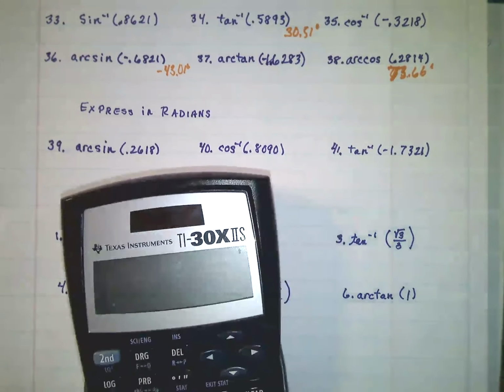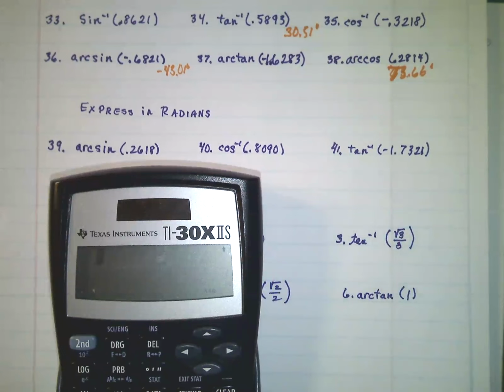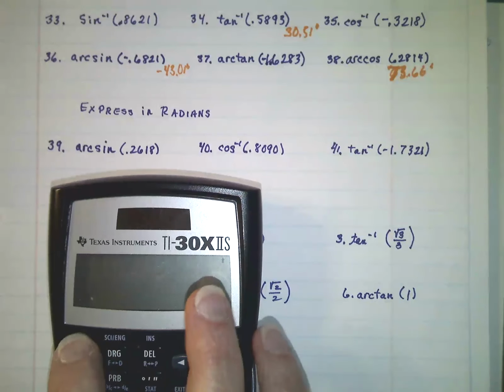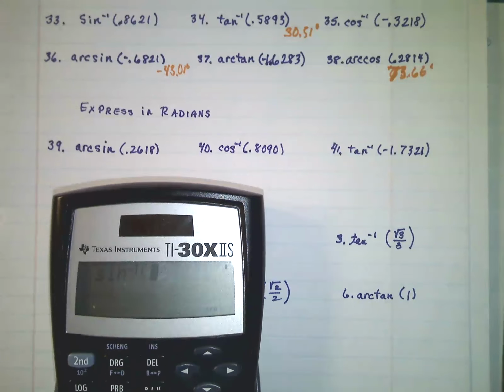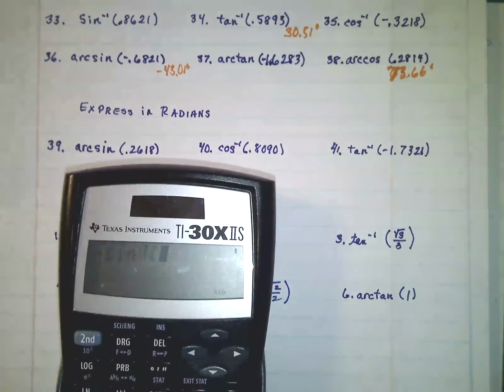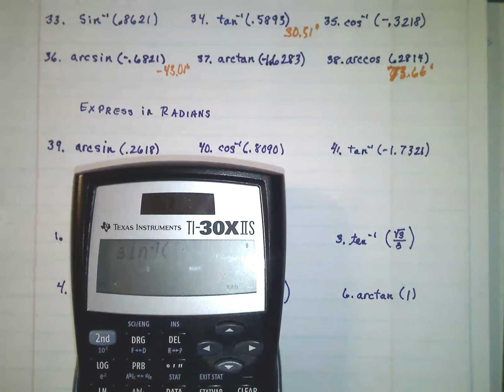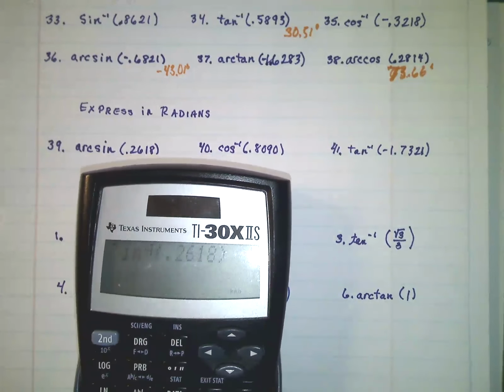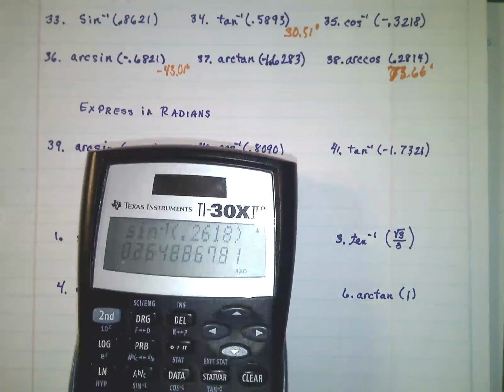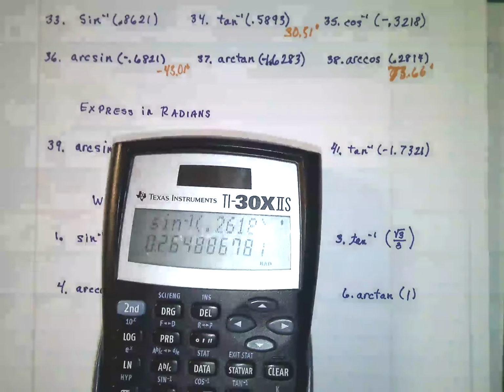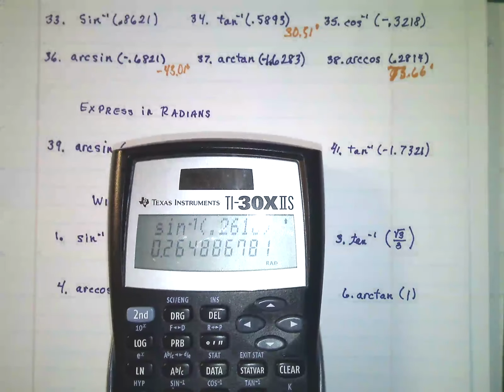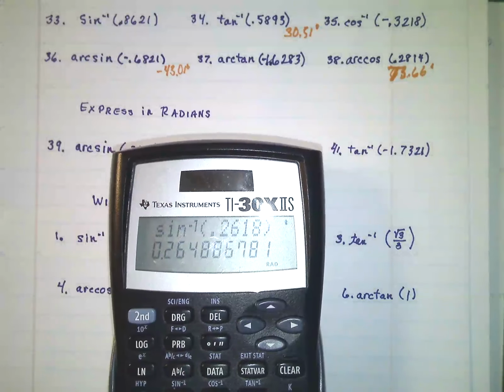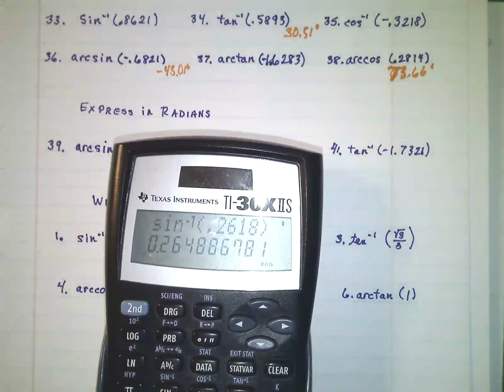So how about we do 39? Arc sine, 0.2618. That's the same as the inverse of the sine. I want the angle with this sine value. And it's saying that I didn't do it right.